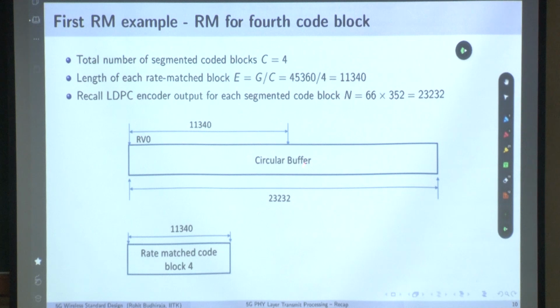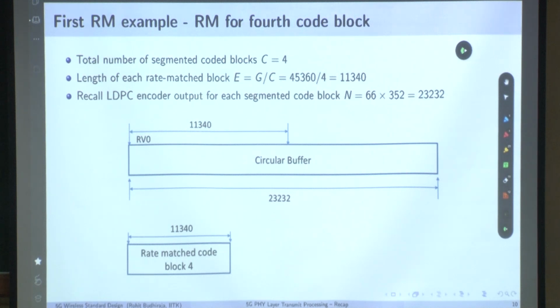Please remember, this circular buffer has not kicked in as of now. The working of the circular buffer will kick in if the hybrid ARQ triggers, if the receiver is not able to decode data and you have to transmit some other redundancy version. Let's say you transmit RV3. RV3 will begin from somewhere here. We saw these numbers, we have calculated them also.